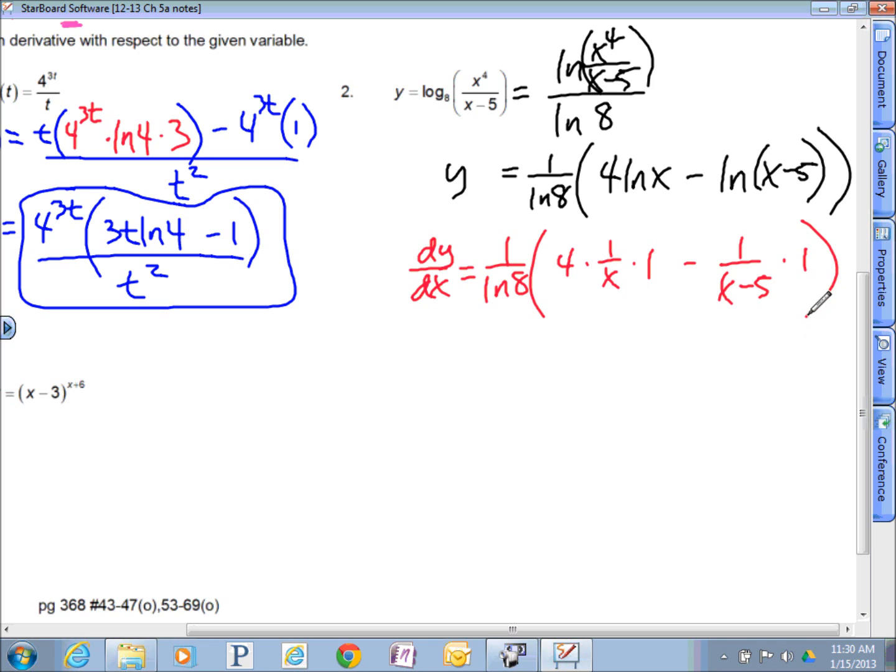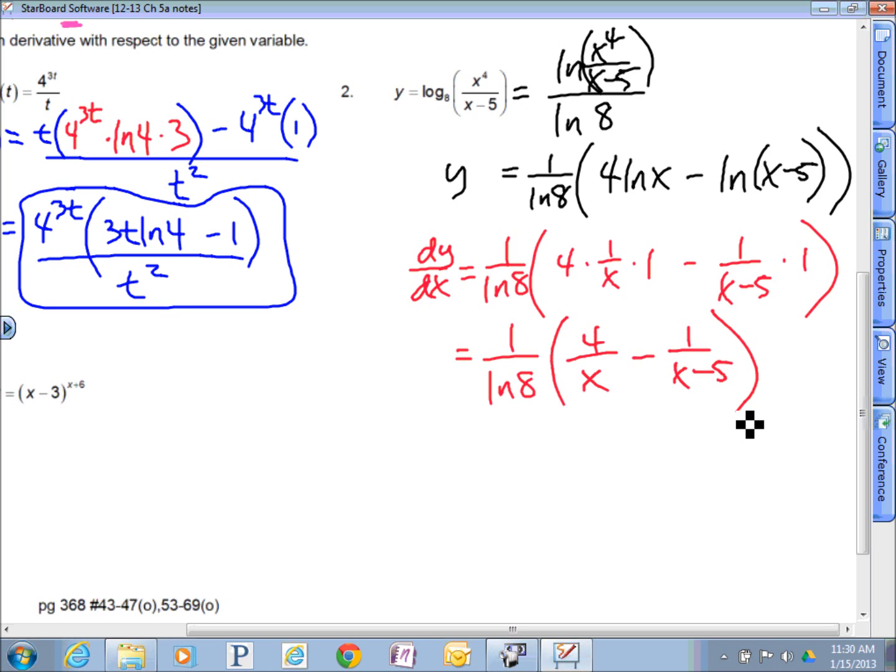So the key with this is don't try to memorize a formula. In fact, I wrestle every year with even showing that formula because we can work our way around it. And we're not memorizers. 1 over natural log of 8 times 4 over x minus 1 over x minus 5.